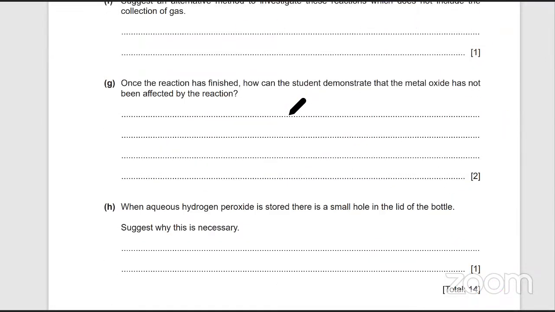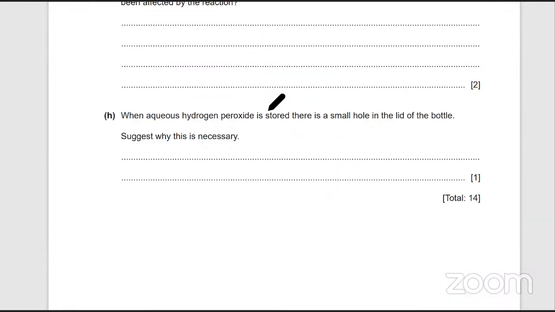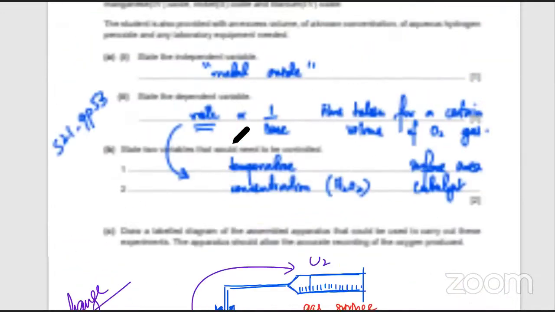अच्छा, अब ये है कि नेक्स्ट पार्ट कहाँ पे पहुंचे. Once the reaction is finished, ये भी हो गया था. When aqueous H2O2 is stored, there is a small hole in the lid of the bottle. So suggest why this is necessary. क्यों necessary है? ये इक्वेशन दी हुई है H2O2 मैंने ये ऊपर टॉप पे.